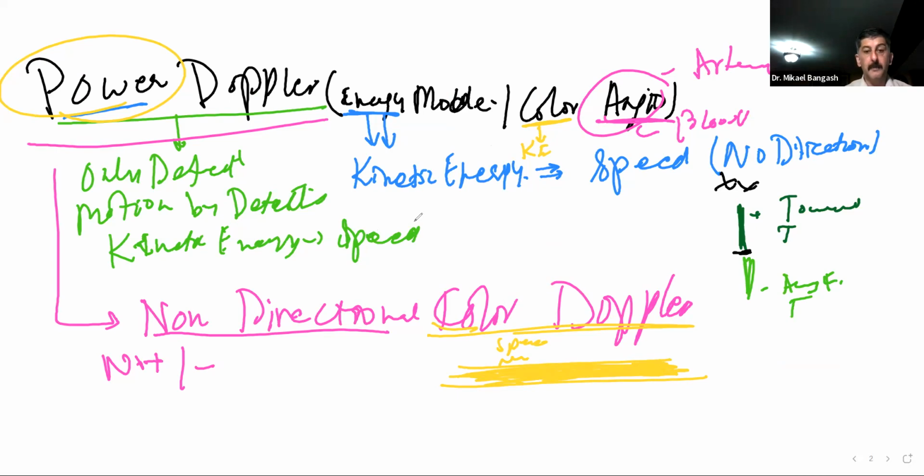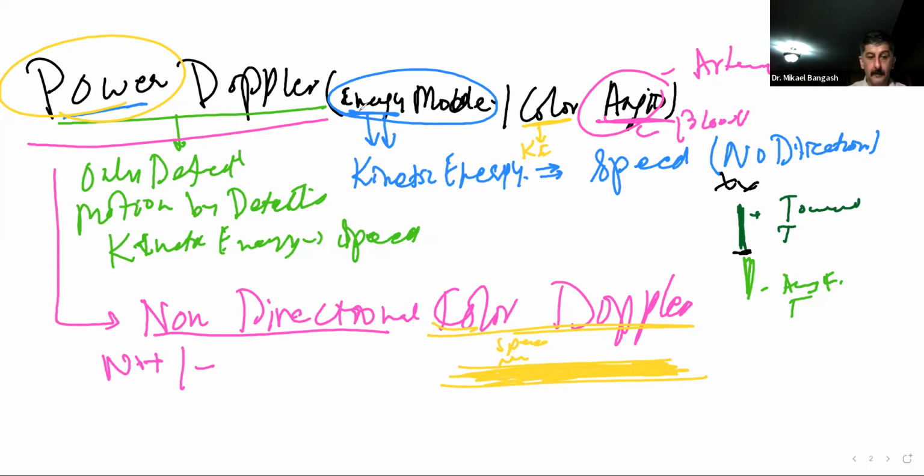Hopefully it will be blood. Clear. Now that flow is going to be displayed by filling up that area of movement with color. So that's why it's called color angio. It's called energy mode mainly because it's a mode in which only energy is recorded.